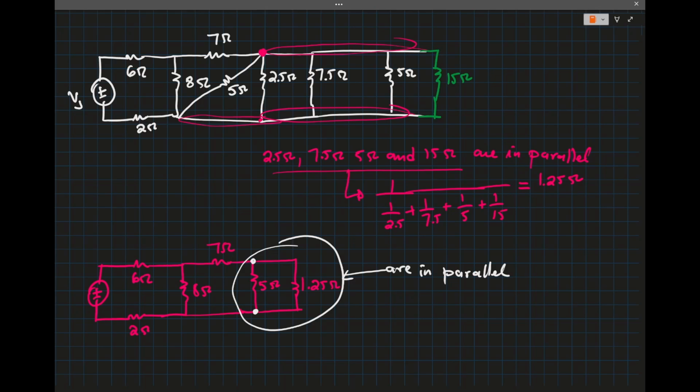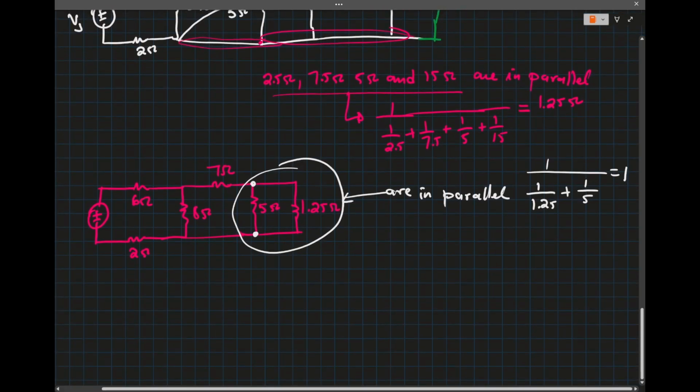So 1 divided by 1 over 1.25 plus 1 divided by 5. So that's 1 over 1.25 plus 1 over 5, that is 1 ohm.